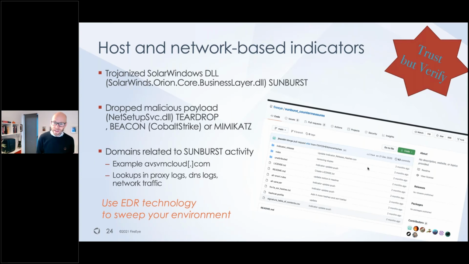Of course, looking at your network data, your DNS logs, your web proxy logs, anything that went out over the past couple of months to this domain or associated other domains we have publicly made available for our partners, definitely has something to look into, and then try to identify what was the origin of that system, and then start your investigation from this point on. Of course, endpoint detection and response technology, EDR, can be used to sweep your environment, and that's also what we do at Mandiant. Typically, we get into an environment, deploy our FireEye HX technology, and then we sweep your estate to verify these traces. But you can also use different tooling.